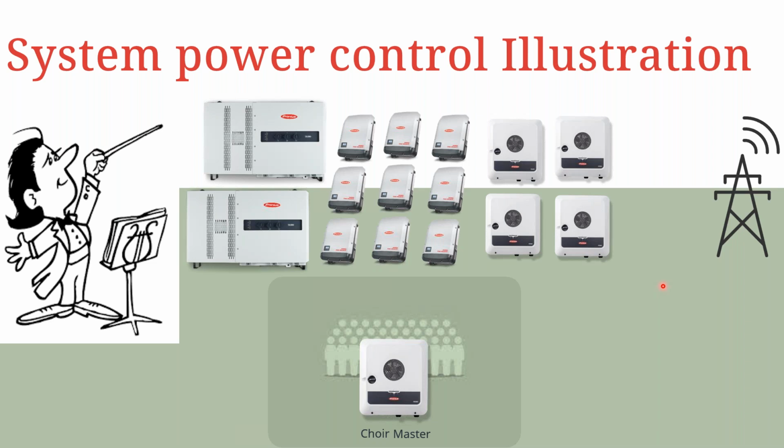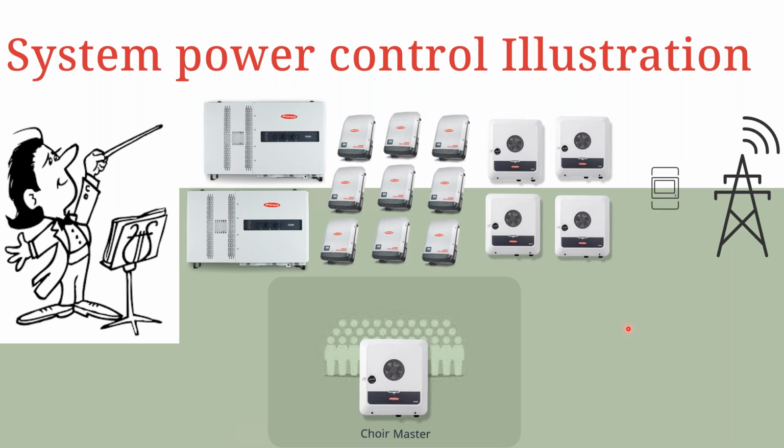So with the pilot-based device or inverter, we will now be able to achieve dynamic power control, of course, using the system power control algorithm. Going forward, as we notice from the illustration here, the choirmaster basically needs something of a wand to conduct the gathering or the orchestra.